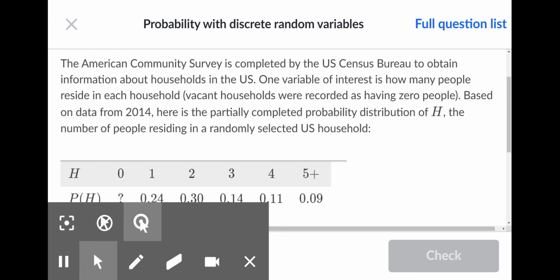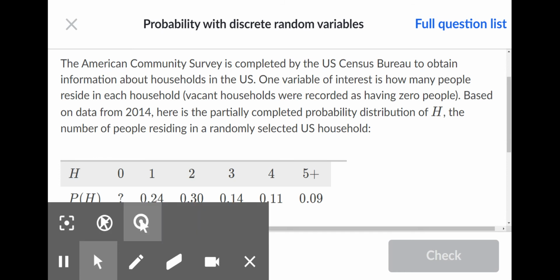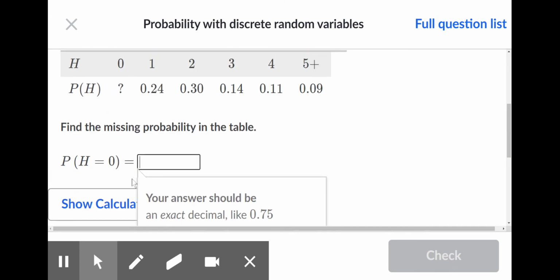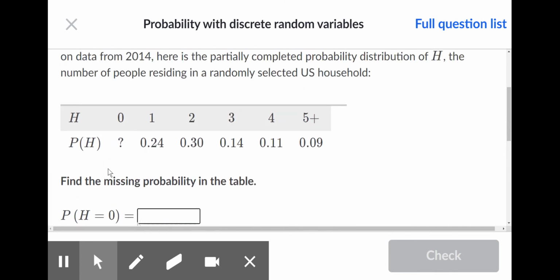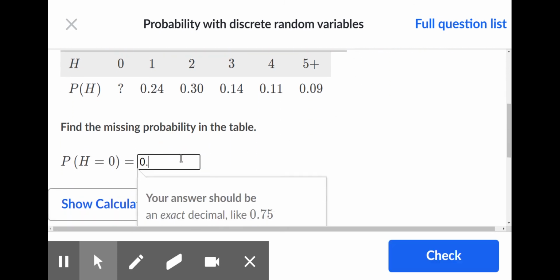Subtract away the next one, for H equals 2, 0.3, subtract 0.14, subtract 0.11, subtract 0.09, and that should give me 0.12. So the probability of 0 people residing, having vacant households that were recorded as having 0 people, is 0.12.